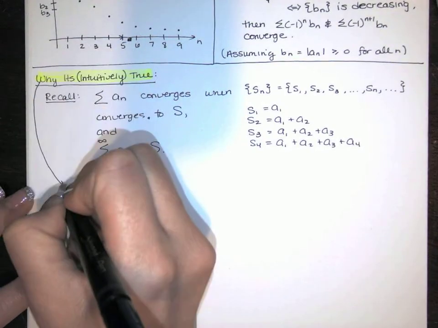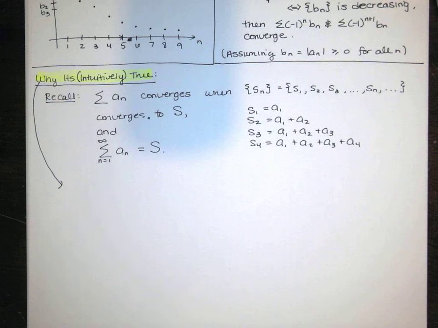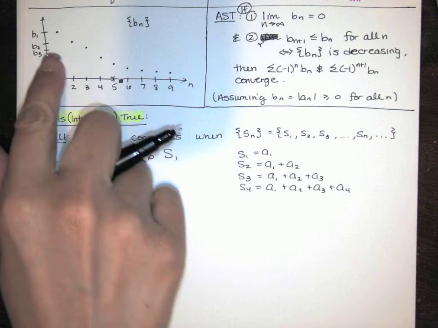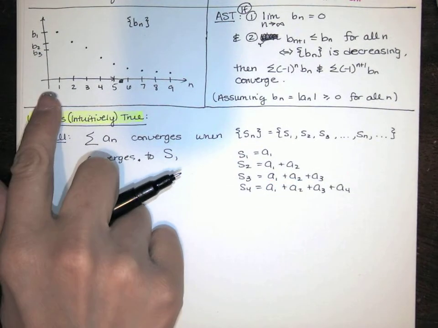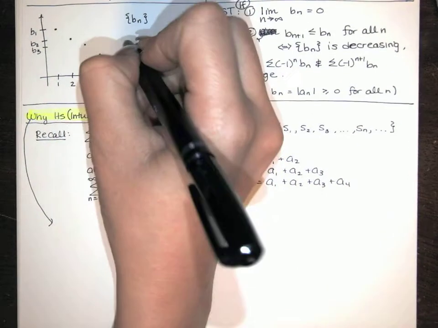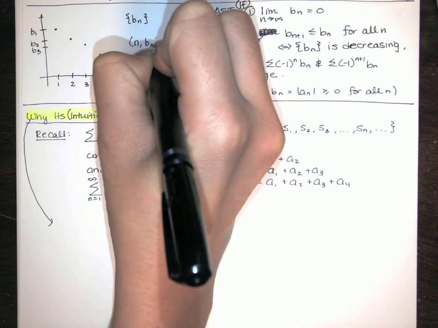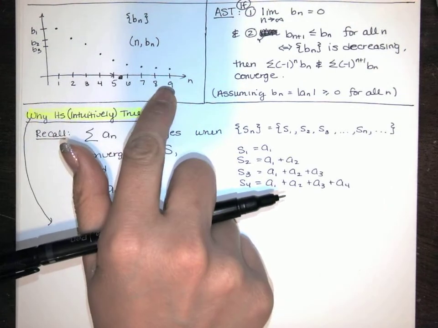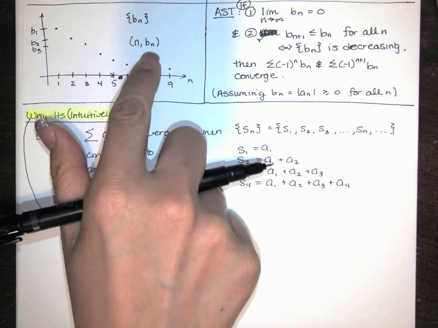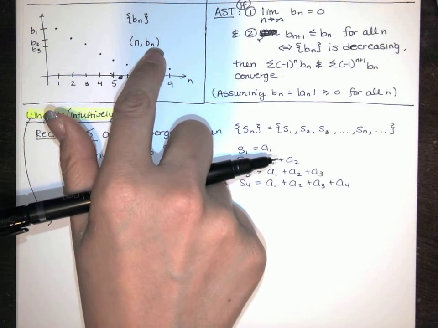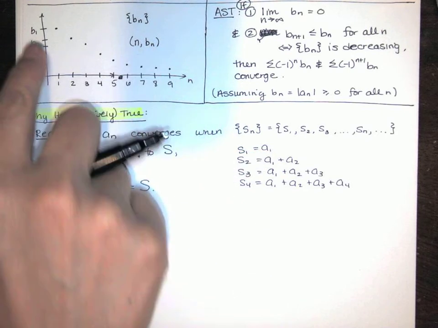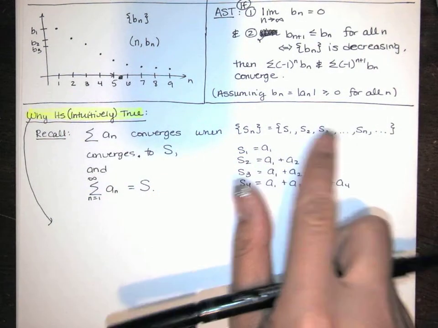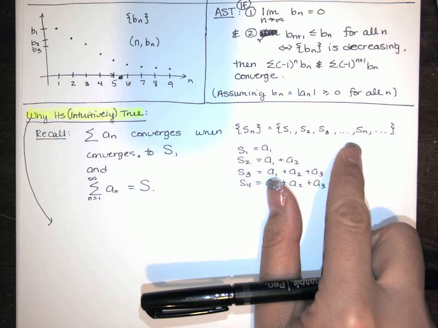Now this time I'm going to graph the partial sums, and I'm going to graph them differently. Rather than graphing the set of points, like here I've got n and b sub n, taking the value of the index as my independent variable and the value of the sequence at that n as the dependent variable, we could do the same thing with S sub 1 through S sub n.